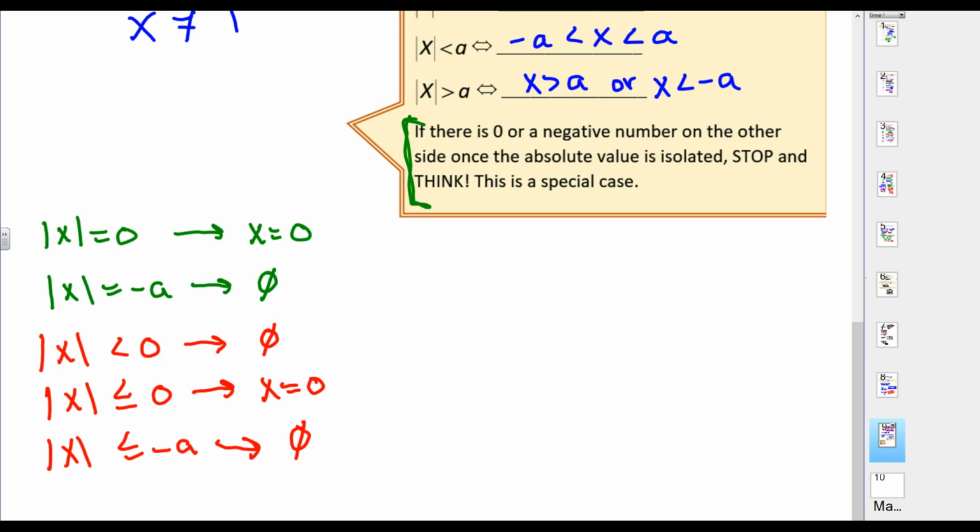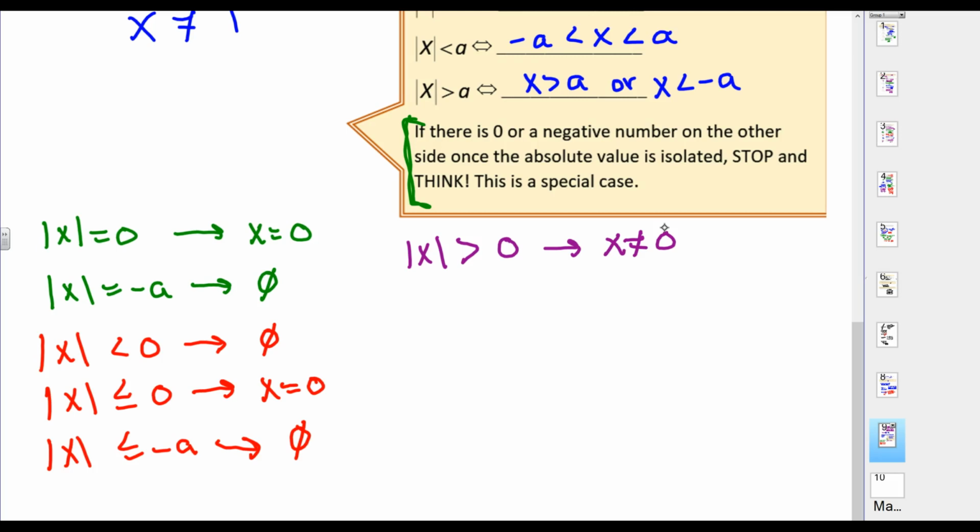Now let's talk about our greater than situations. If I get the absolute value of x is greater than 0, this is almost all real numbers except where x is 0, because we're saying we'll take any number at all, except where x is 0.